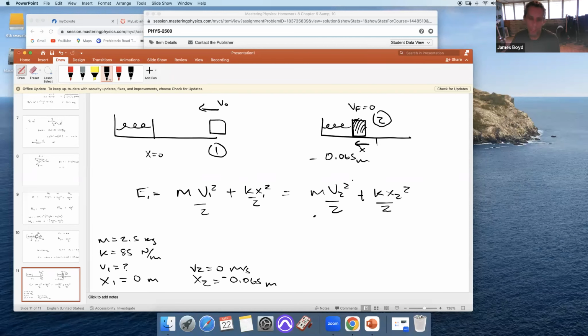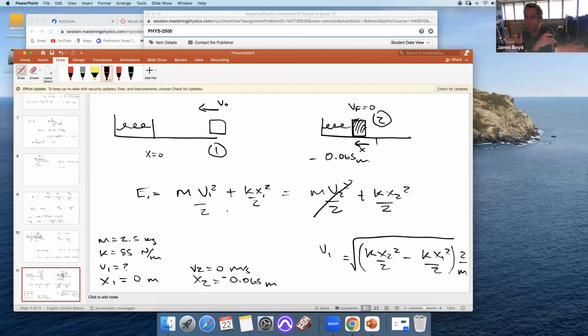So first of all, v2 is 0. And what I get is that m v1 squared is kx2 squared over 2 minus kx1 squared over 2. Move that over. Then multiply through by 2 over m, and then take the square root, and you will get the initial velocity. So set the energies equal to each other. The energies are just the kinetic energy and the spring energy. First of all, x1 is 0 because it's not touching the spring yet.